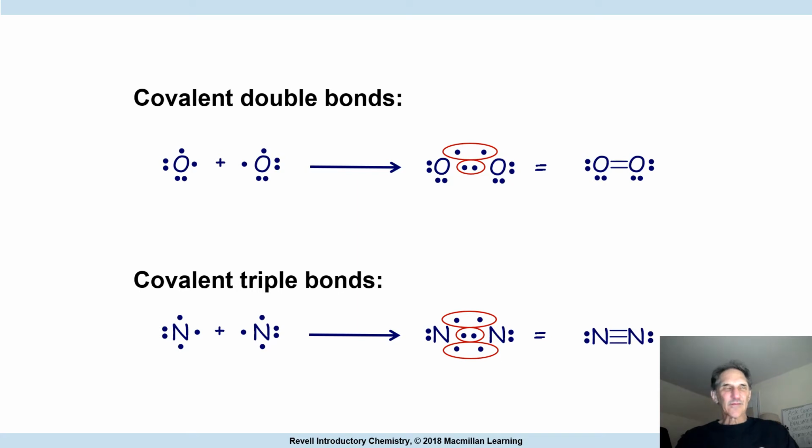That's an acronym for all the 7 diatomics. Okay, nitrogen shares 3 pairs of electrons, and in effect each of the nitrogens feels like at any one time that they have 8 electrons. 2, 4, 6, 8, and the same for the other nitrogen.